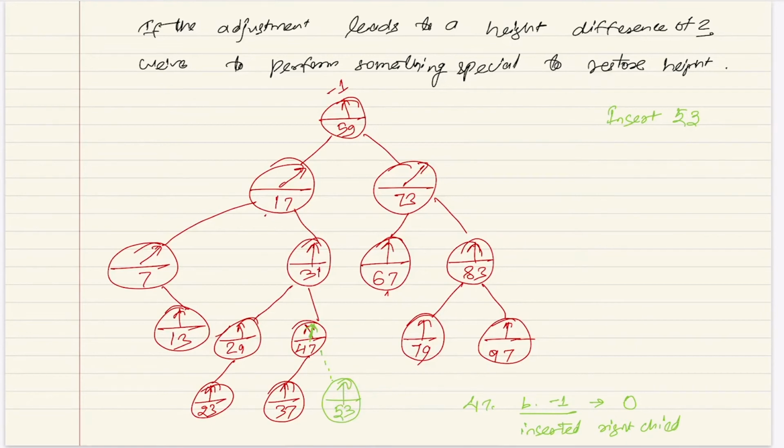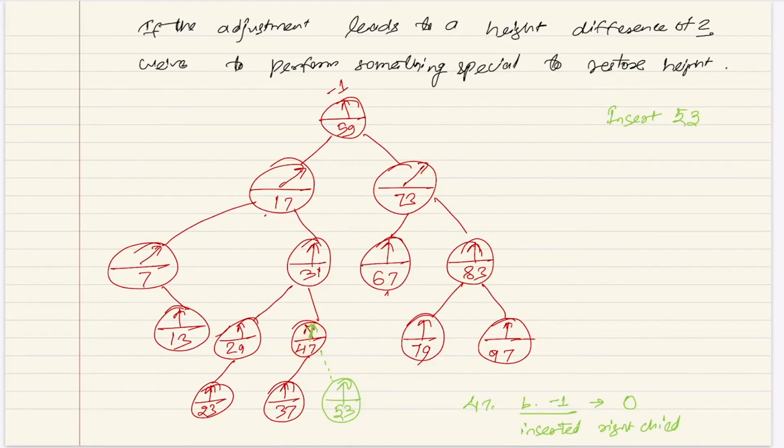Just bear with me for the conventions, the way we are denoting height. You will say that the height of this subtree is actually 0 as per our convention, and this was not even there. This is something you have to understand differently in the case of AVL trees.